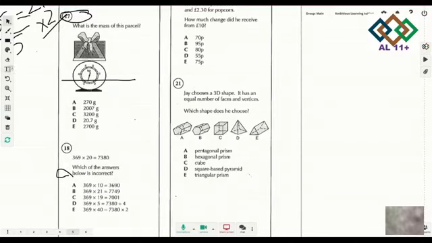So let's do number 18 now. Number 18, you just need to multiply. This one is a long multiplication. Which of the following are correct? And your answer would be C. So let's do number 20 now.